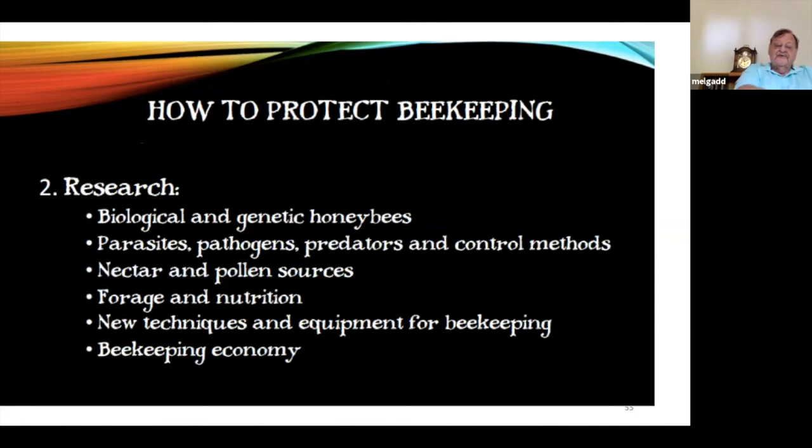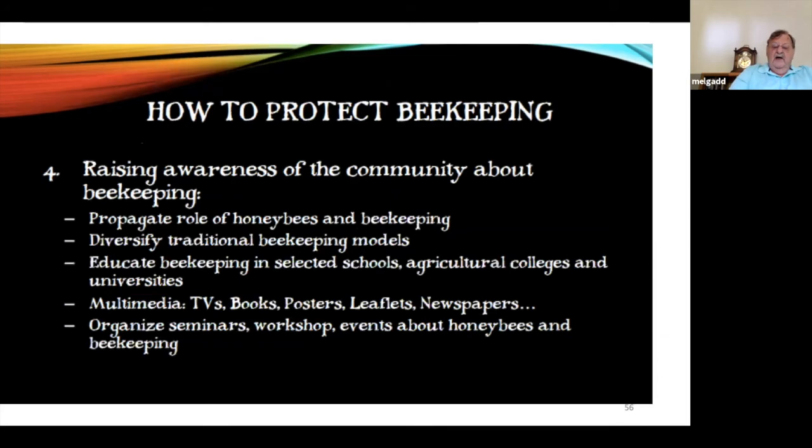There's a lot of research going on, and we need to continue to do that. We need to basically raise the awareness of people of why pollinators and honeybees are really useful and why we need to do things to keep them going.